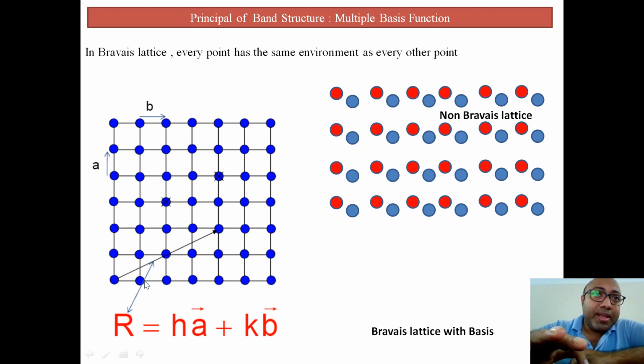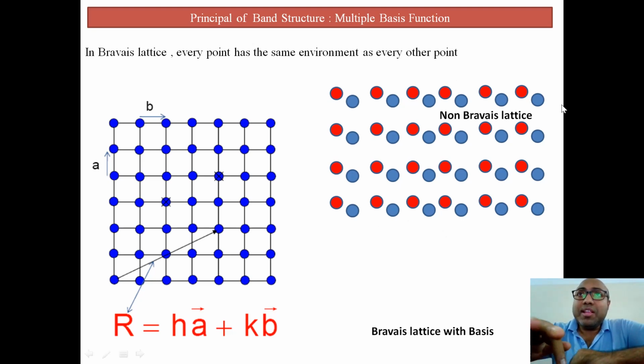Suppose it is a. If you multiply it with a particular integer, you will reach over here. Then if you multiply with another integer, you will reach over there. So you can reach any point, in any direction, with a particular formula. We had a discussion on this formula.